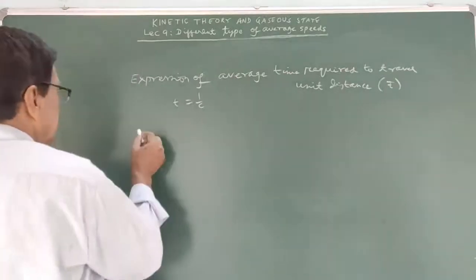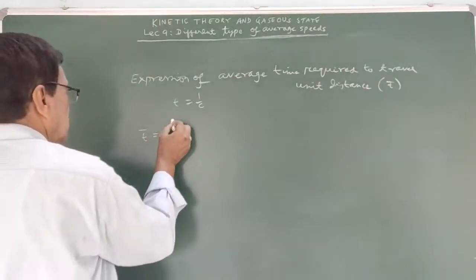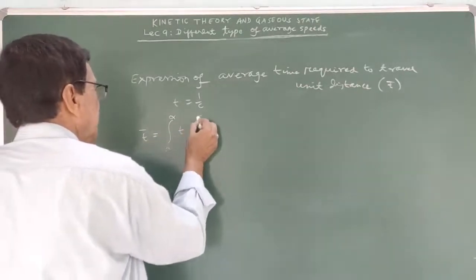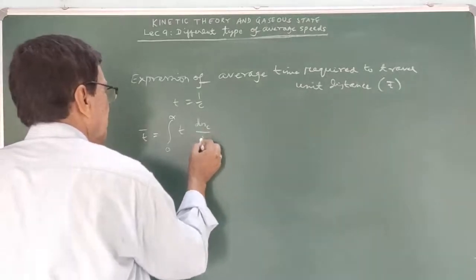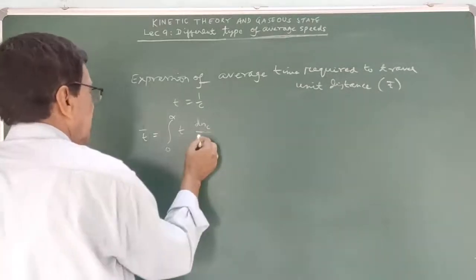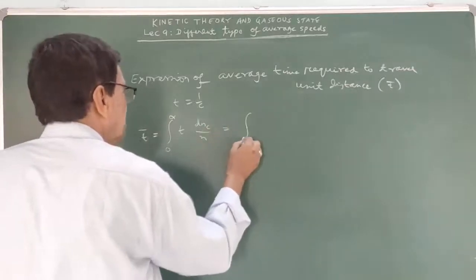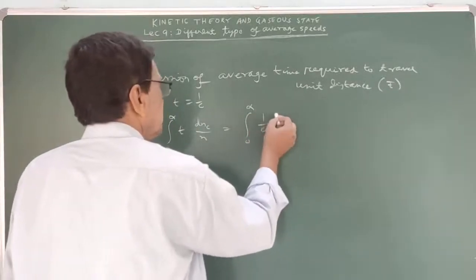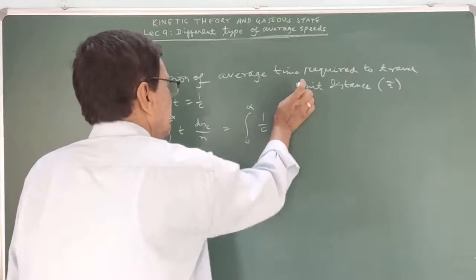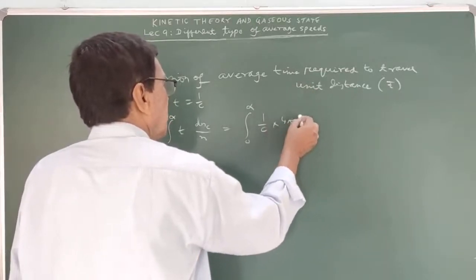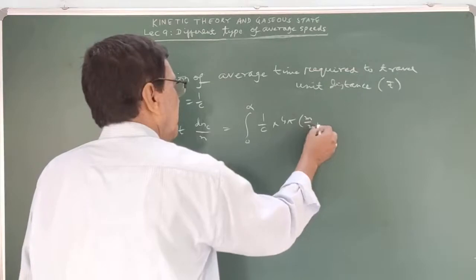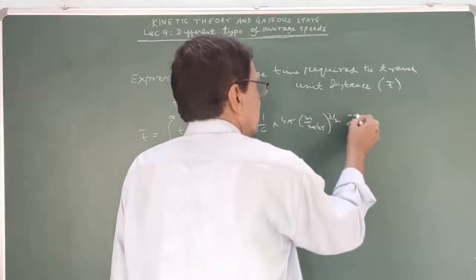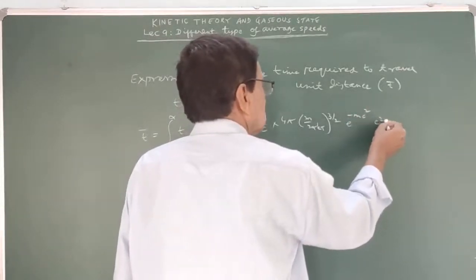So this T bar equal to integration 0 to infinity t dn_c by n, equal to 0 to infinity. Instead of t you can write 1 by c, and instead of dn_c you can write 4 pi (m by 2 pi kT) to the power 3 by 2 e to the power minus mc squared by 2kT into c squared dc.